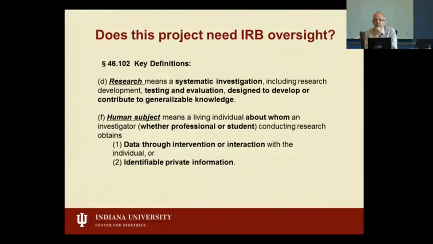The second component is human subject, a living individual about whom an investigator, again, whether it's a professional or student, is conducting research. So if you determine it's research and you've got a human subject who's alive and you're collecting data through some sort of intervention or interaction with the individual, or you're collecting identifiable private information.